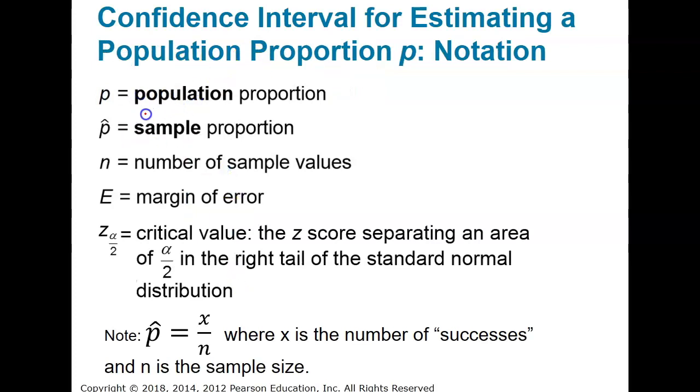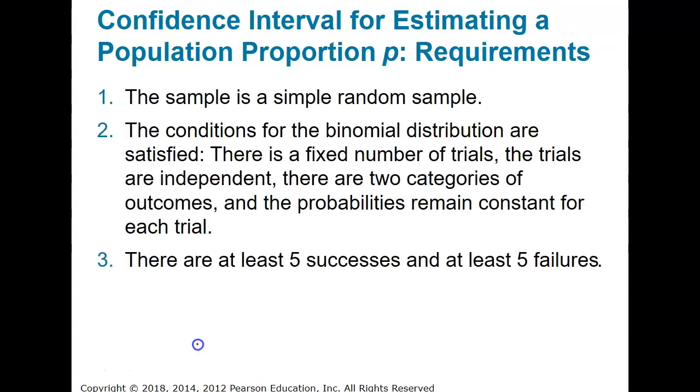A few things to remember. P is population proportion, P hat is sample proportion, N is your sample size. The capital E is your margin of error. Z alpha over 2 is the critical value, and also P hat is X over N, where X is the number of successes and N is the sample size. So sometimes when P hat's not given to you as a percent, you have to find it by doing X over N.